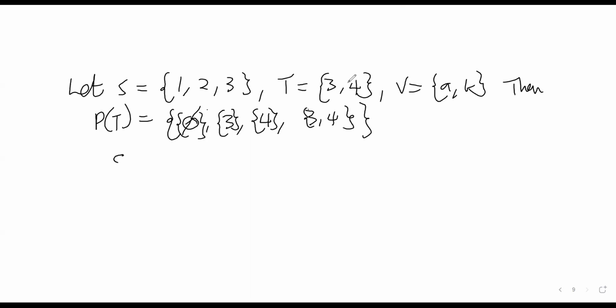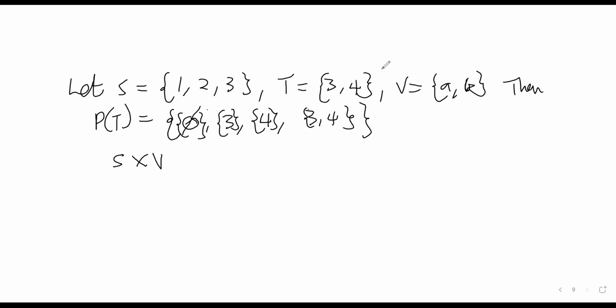Then we have S cross V, the Cartesian product. S cross V is just crossing S and V. V is {A, B}.